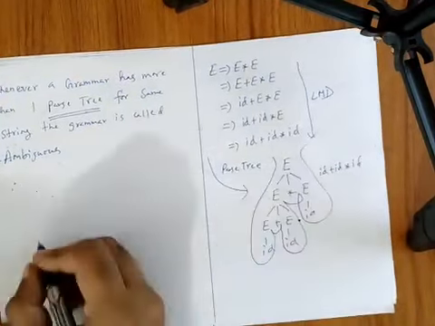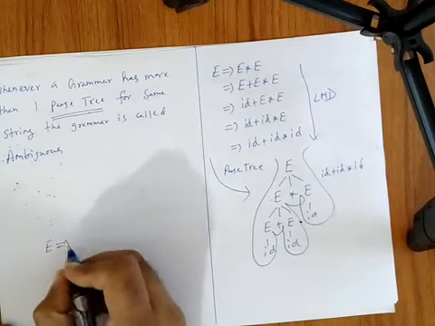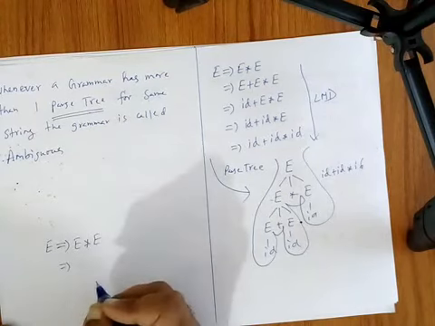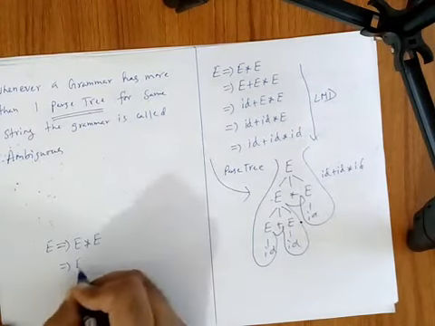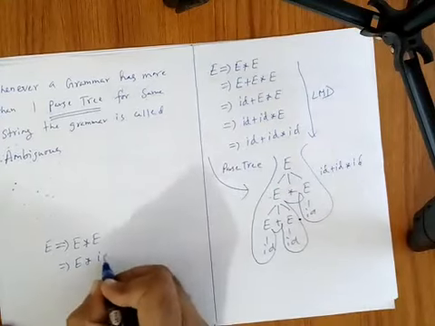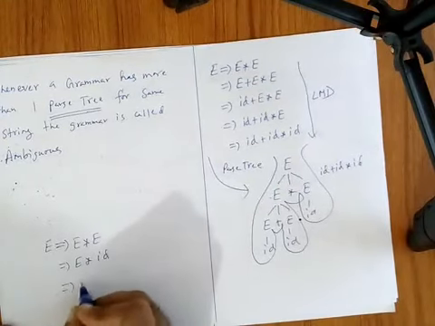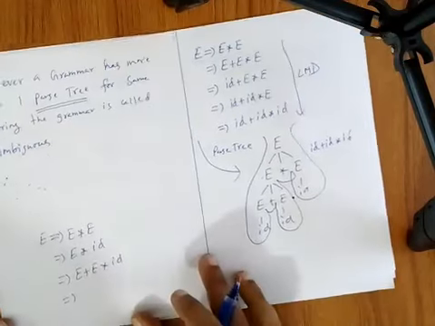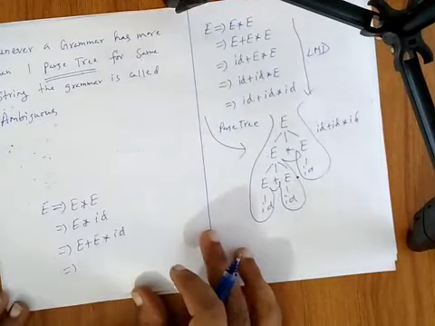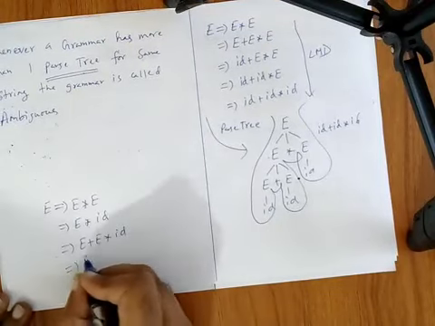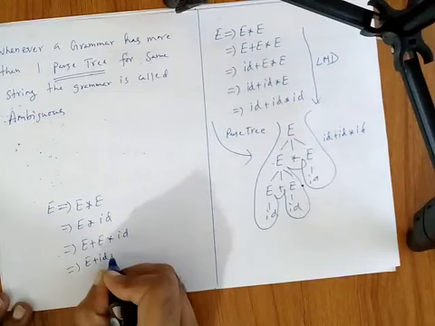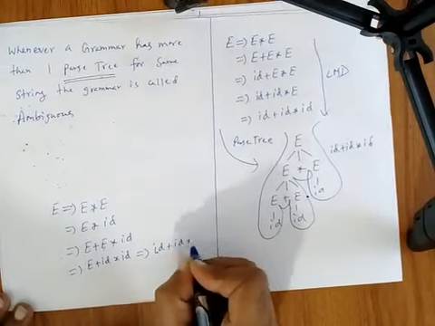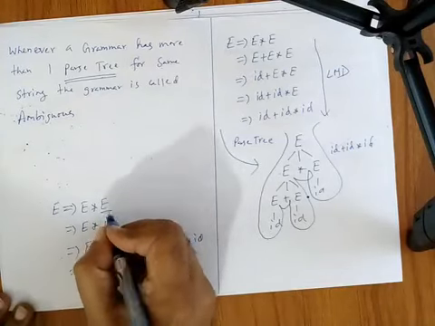See, E derives E plus E, or E plus ID, then this E becomes E plus E star I. So replace this.